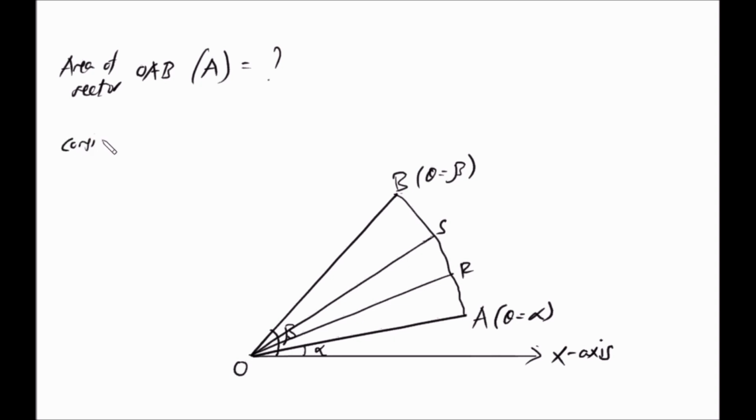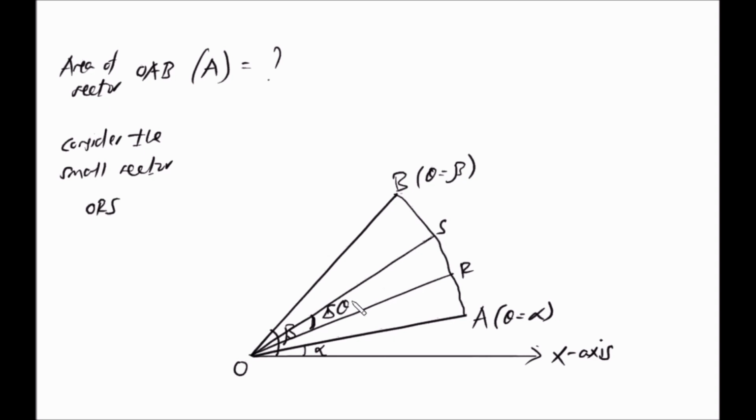Consider the small sector ORS. So you see ORS. The angle in between, let's call it delta theta. It's a small angle. Let's call it delta theta.